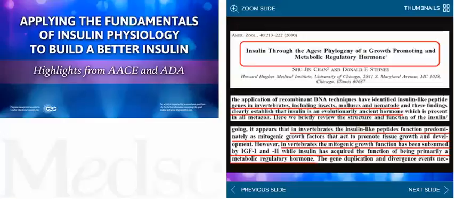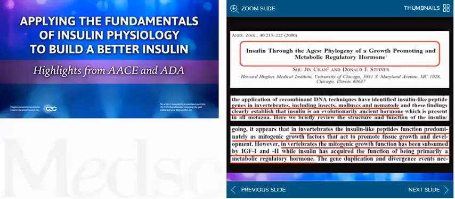First, when I was doing this presentation, I looked into the literature and I found that insulin is actually evolutionarily a very ancient hormone, and insulin-like peptide genes have been found in invertebrates, including insects, mollusks, and nematodes. And this clearly establishes that insulin is very ancient.